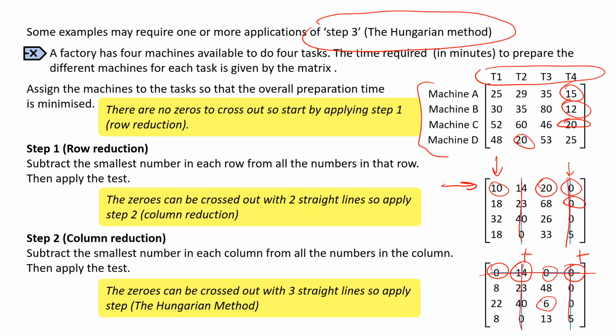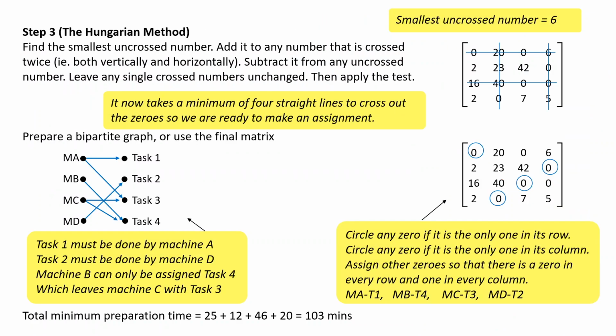So if it's crossed twice, it's added. If they're uncrossed, we subtract it. So these numbers here and these numbers here, we will subtract the number. But if they're crossed only once, then we just leave them alone. Okay, so it is a bit weird, but we get there in the end.